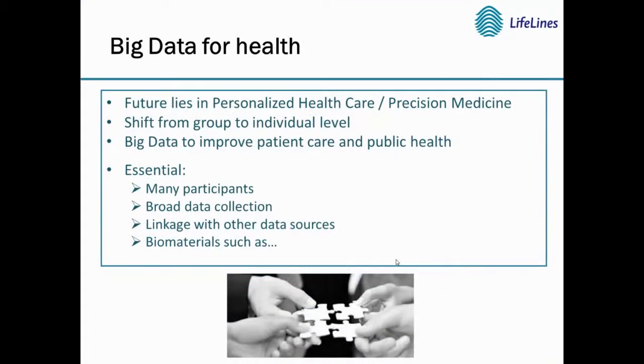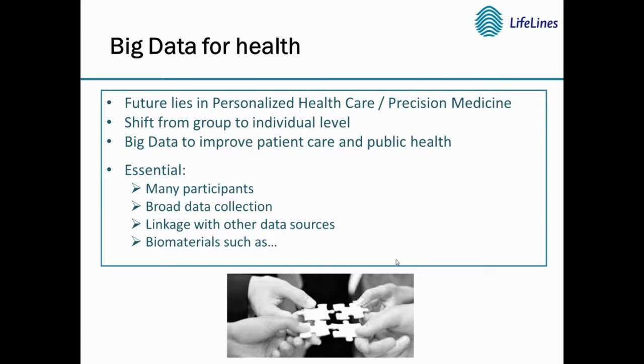So we're really talking about big data for health, because everyone realizes that the future lies in personalized healthcare and precision medicine. So for that, it's needed to shift from a group to an individual level. And big data is needed to improve patient care and public health, we think.